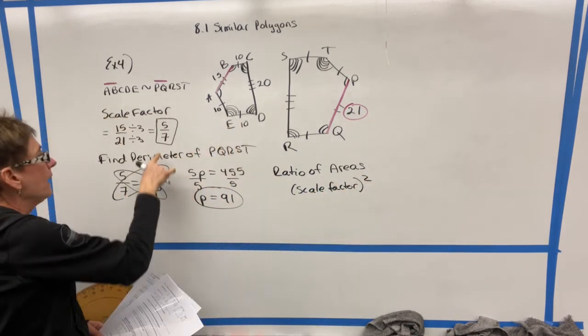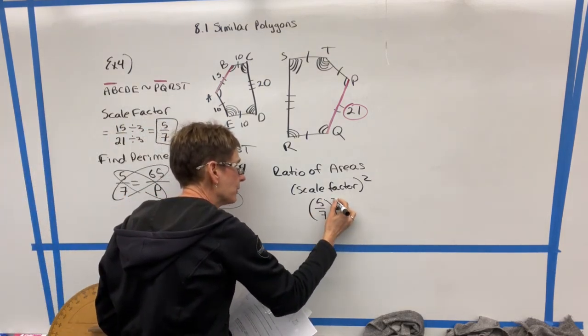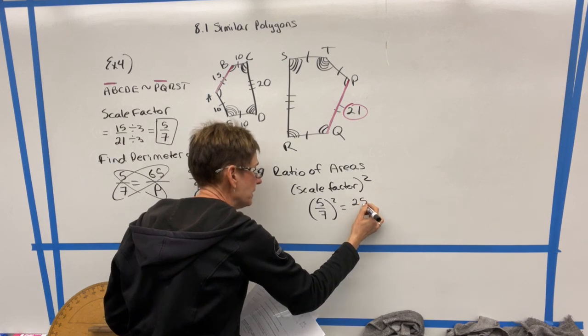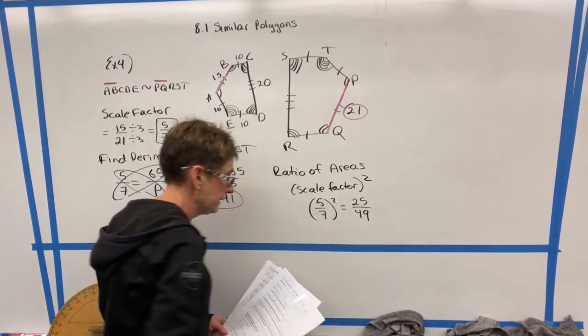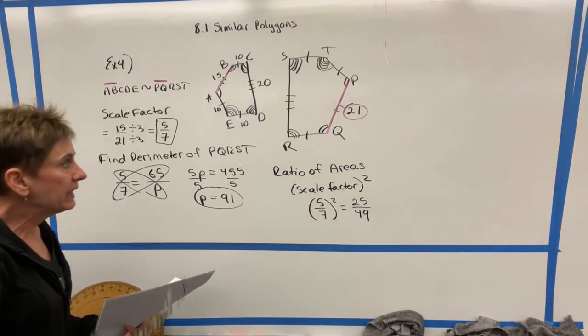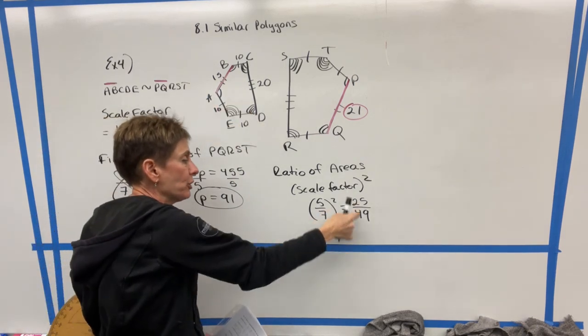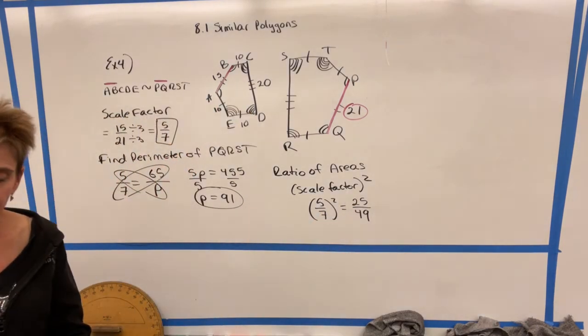So if the scale factor here is 5/7, it would be 5/7 squared, which is 25/49. Now in this particular problem, we were not asked to actually find the area of the second figure, but if we had been given the area of the first figure, we could set up a proportion with this ratio right here in order to do that.